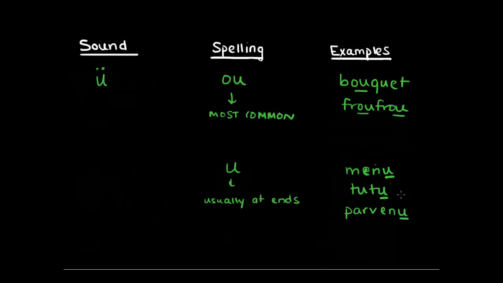The good thing is that there aren't that many French words that end in U. In actual French, like when I read the dictionary, there's definitely more OUs than U's, for sure, but there's always a chance it could be U at the end of the word. So the best thing to do here would be to look up the words with just the U at the ends, learn them, and then the rest of them you can probably be safe guessing an OU for the OO sound.